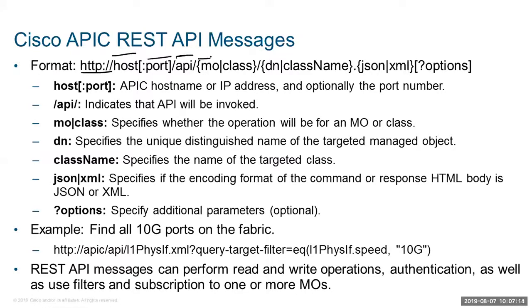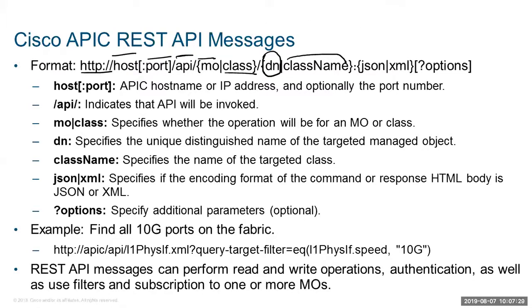So it would be the word MO followed by a distinguished name. Or you might say, show me all VLANs. That means it would be the word class followed by VLAN as the class.